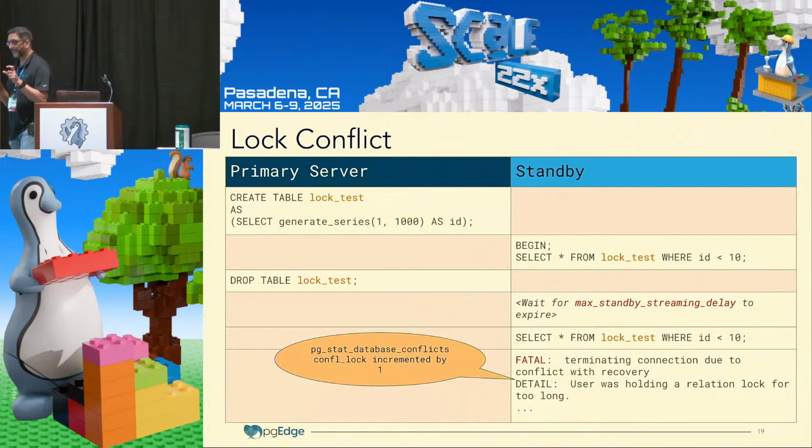It does have a configurable parameter, max_standby_streaming_delay, which it waits on. By default, it's 30 seconds, I believe. So it's going to wait for that much, and then it's going to effectively kill all of those transactions that are holding those locks.